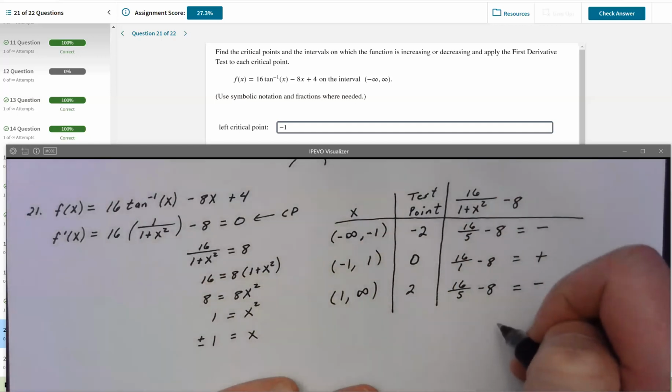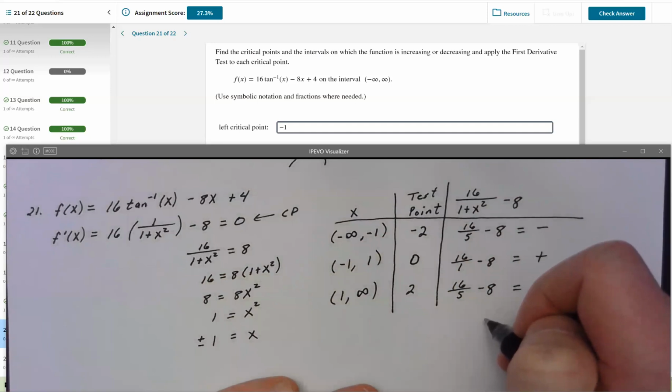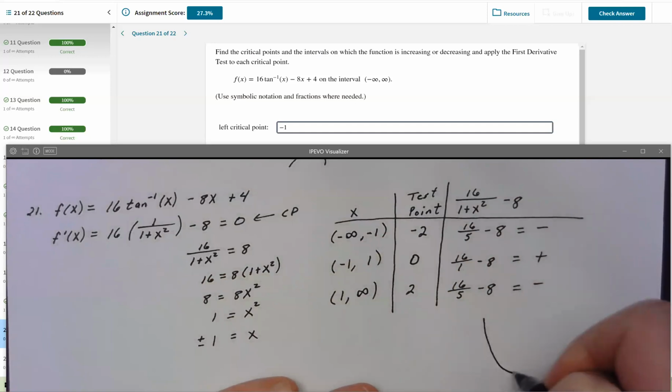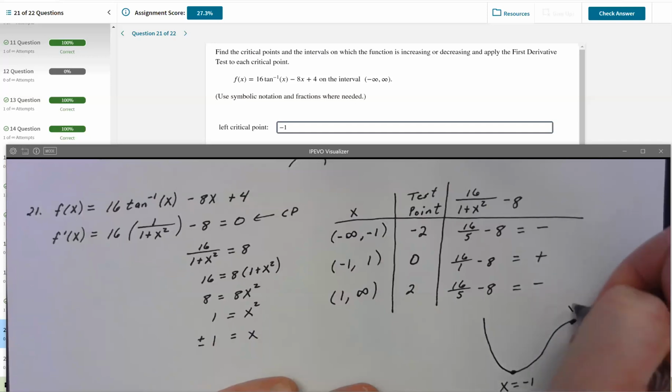So we know it flattens off at each critical point at negative 1 and 1. My function is going to be decreasing until it gets to the critical point at x equals negative 1. It flattens off there, and then it's going to increase until it gets to the next critical point, which is at x equals 1, and then it decreases after that.